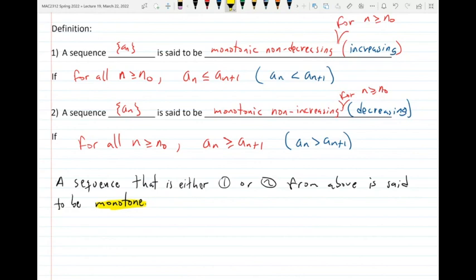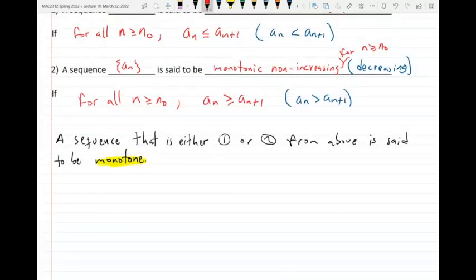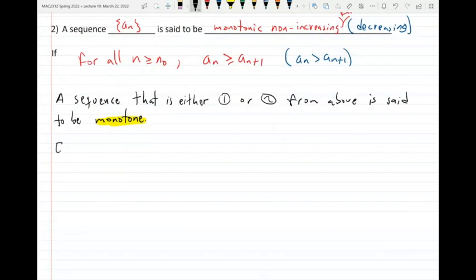All right. So let me give you some examples. I'm going to give you some sequences, and let's decide whether they are monotonic or not. So examples.